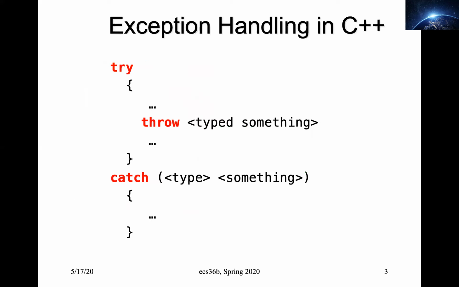Okay, so now we have this basic syntax. You have a try clause, and then you have a catch, and in between you have throw. But I do want to say that sometimes the throw might not be immediately between that pair of curly brackets. The throw might be in one of the functions being called by the program.